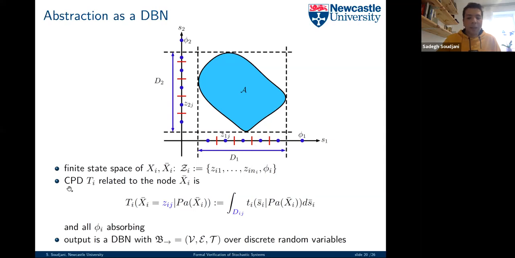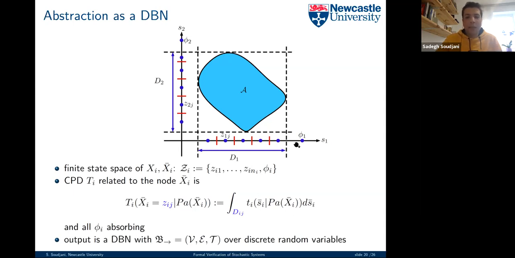And the conditional probability tables are also constructed by integrating these density functions. Similar to what we had in the Markov chain, we take the density function and integrate it over the partition set associated with the representative points, conditioned on the value of the random variables in the parent nodes.